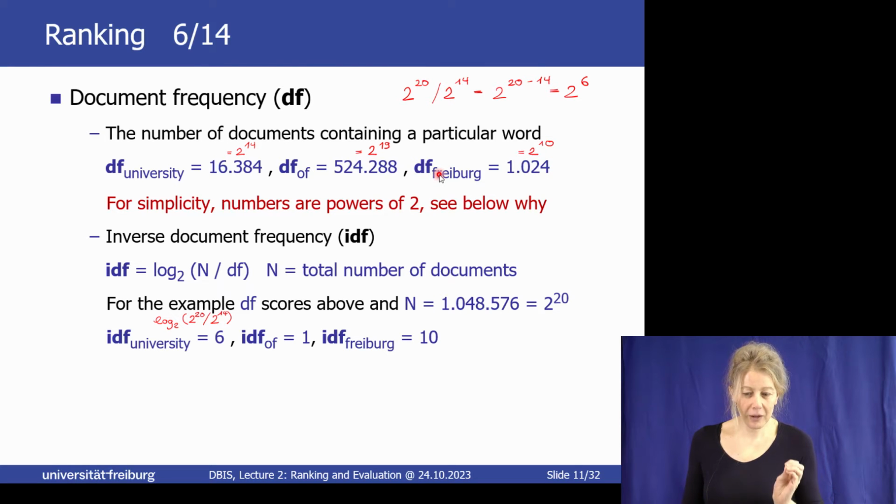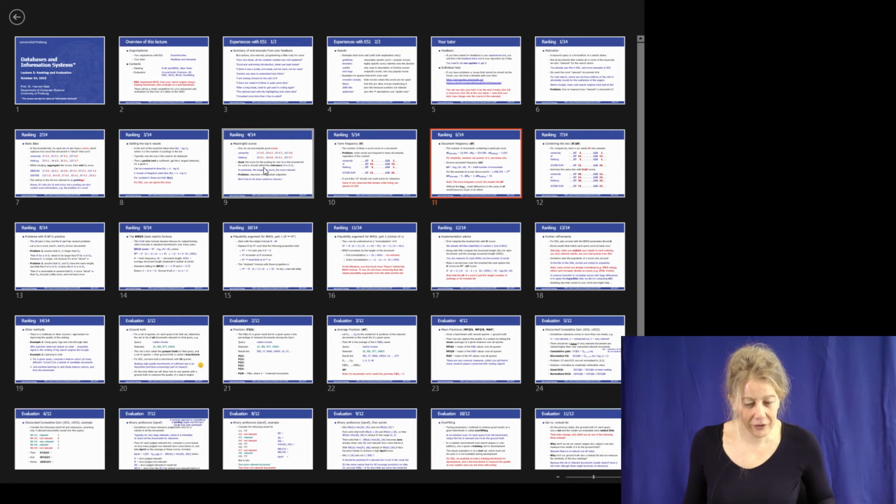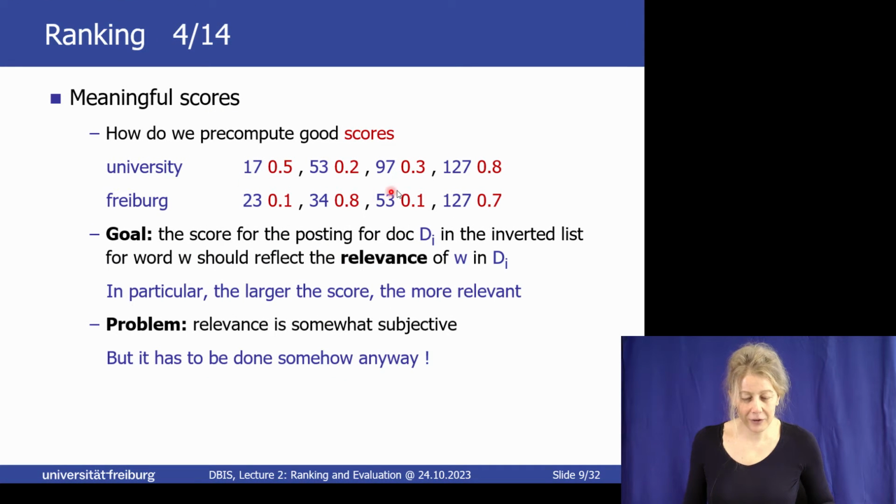This means Freiburg occurs in 1024 documents. This is exactly the length of this list, not of this example list, but the length of this list, it's just as long as many documents contain this. And this is also what you have after the first pass, right? You just take the length of your inverted list, and then you know Freiburg occurs in so many documents.